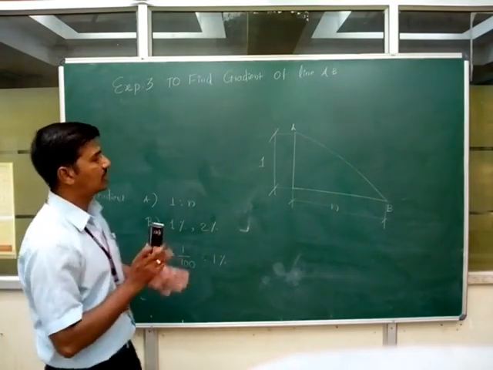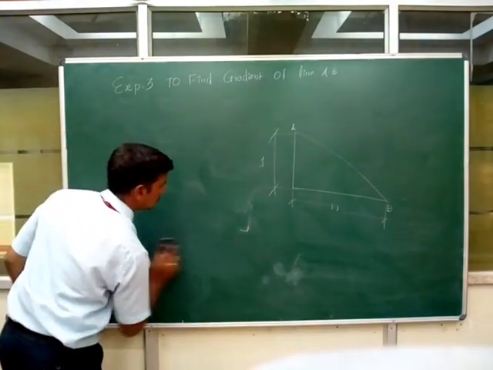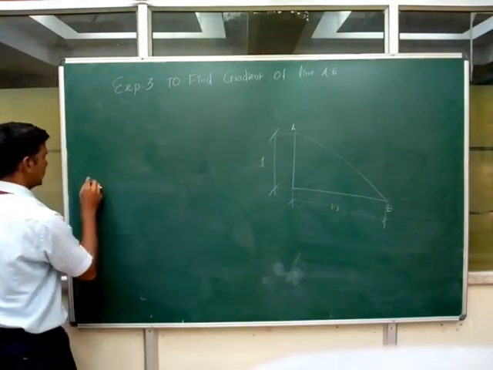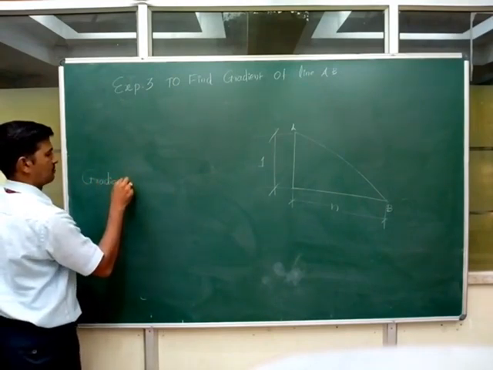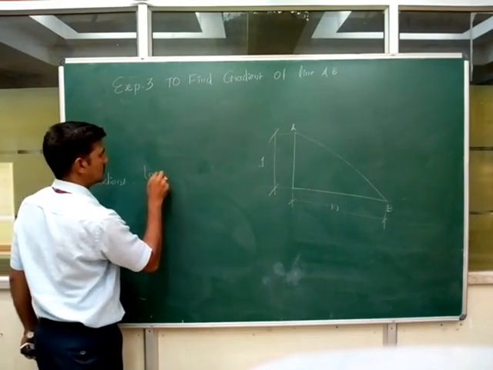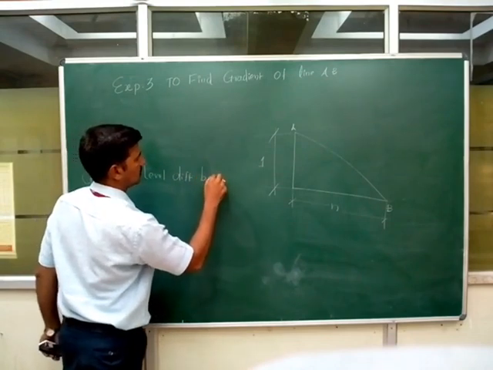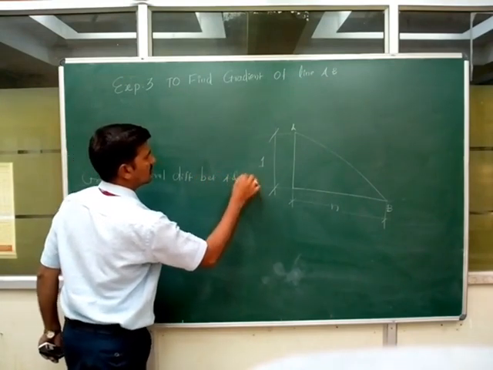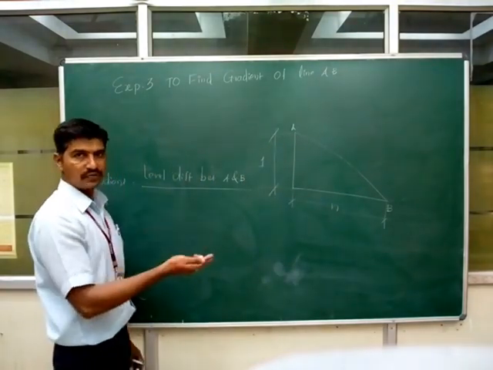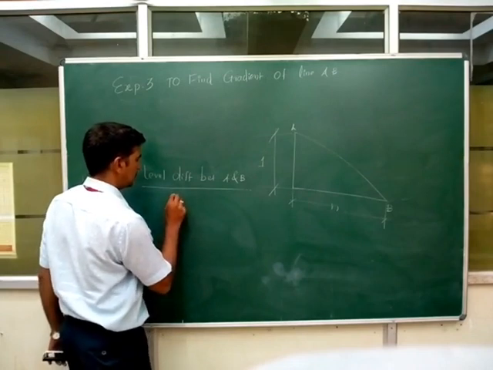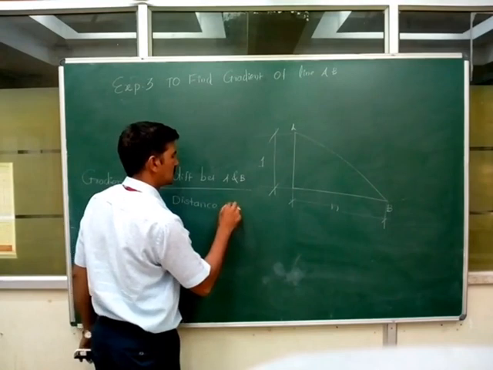Now, how to find out the gradient? Gradient can be found out by the formula: level difference between point A and point B, which means the difference of RL, divided by the distance AB.